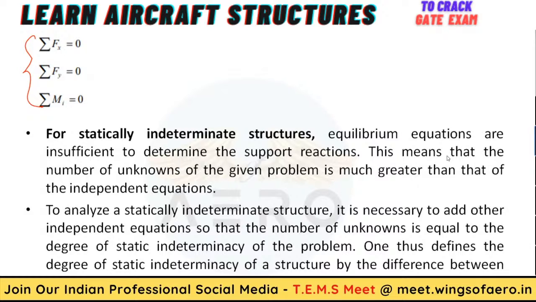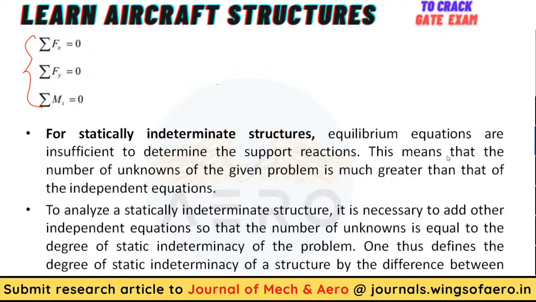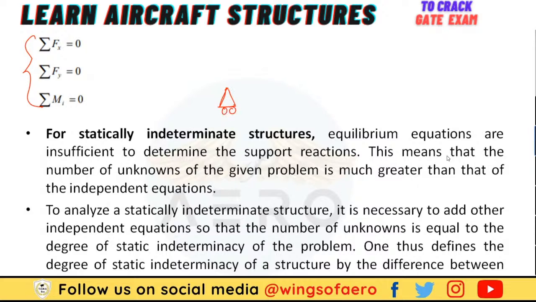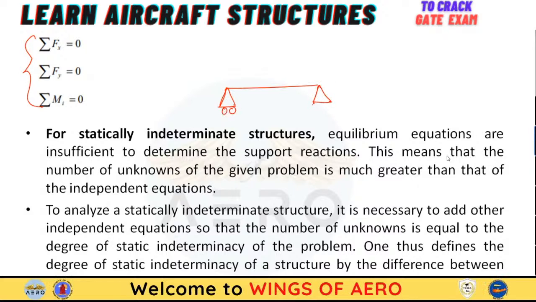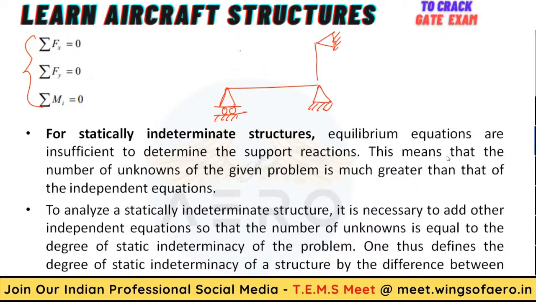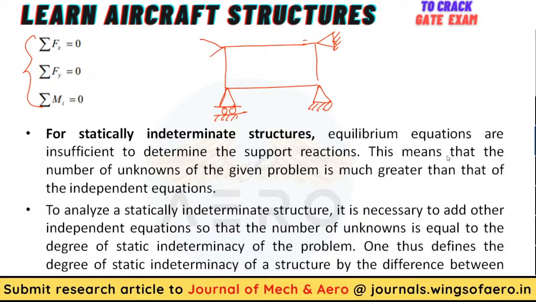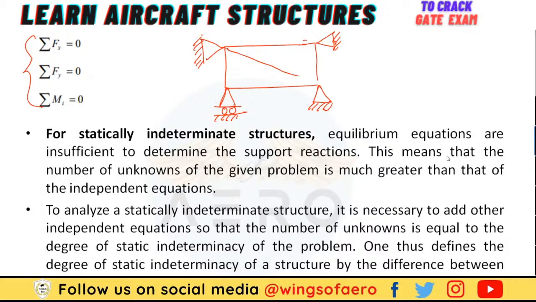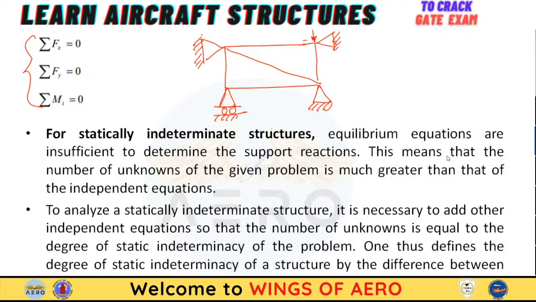For example, we have one beam like this, here we have another, this is a hinge, this is a roller, and we have another structure here. Here some amount of load is acting, and this is a structure.